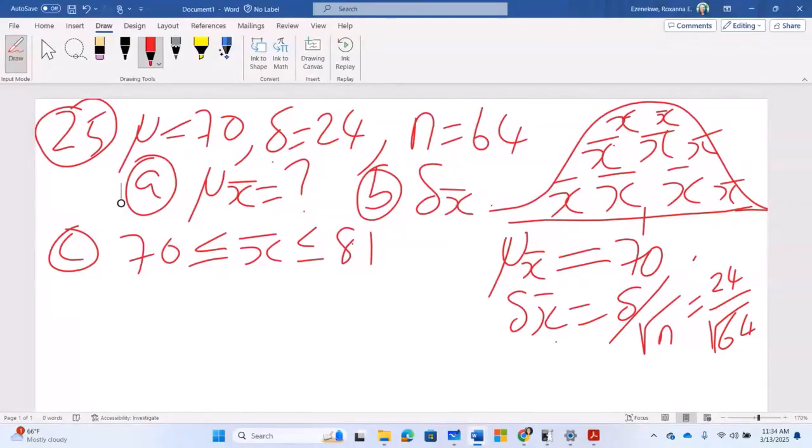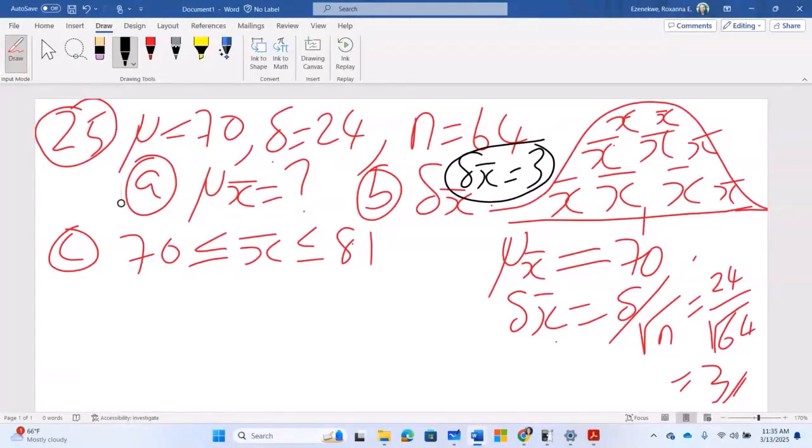The square root of 64 is 8. 24 divided by 8 is 3. Therefore, the standard error is 3.